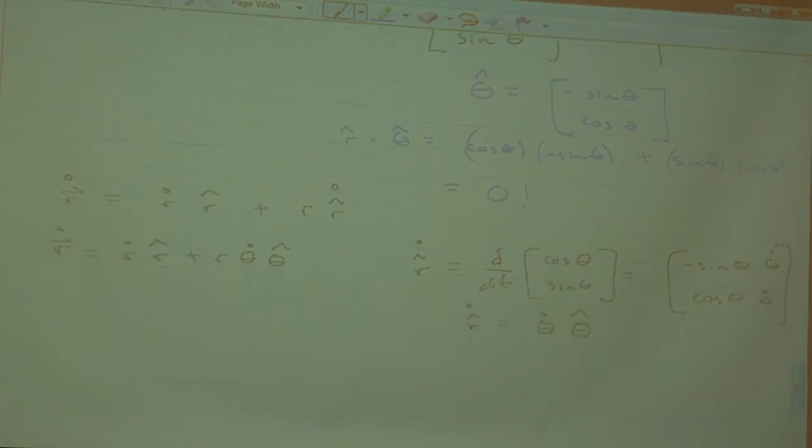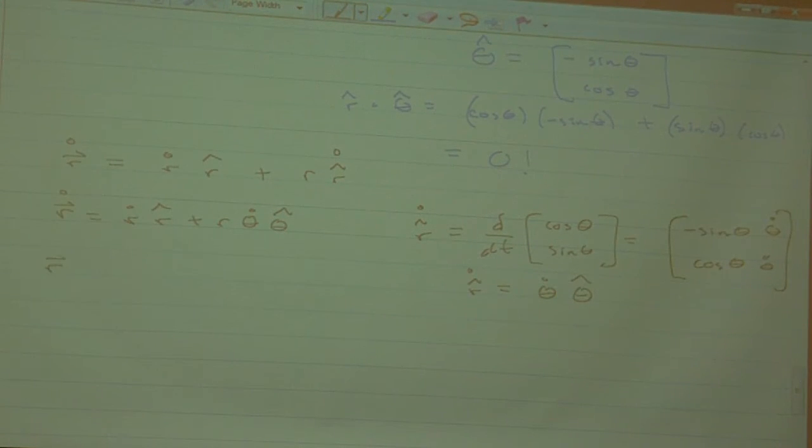Alright, let me take another time derivative. R vector double dot. That is otherwise known as the radial acceleration. No, it's the total acceleration. So r vector is the total position vector. So r vector double dot is the acceleration vector. Okay? Now having to write it in radial and theta coordinates, we're going to see what that comes out to be in a second.